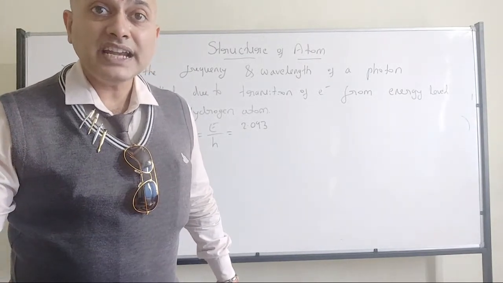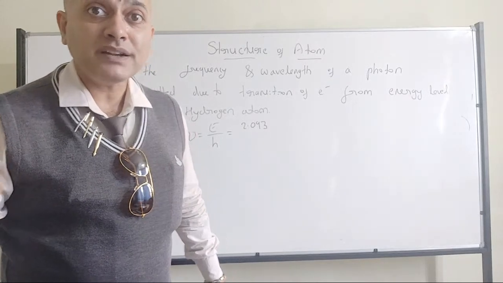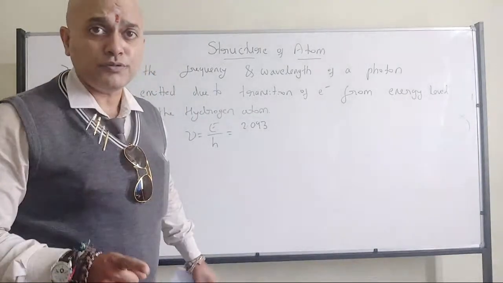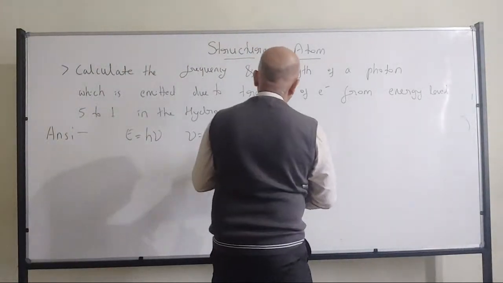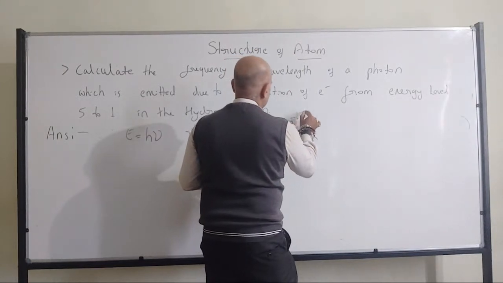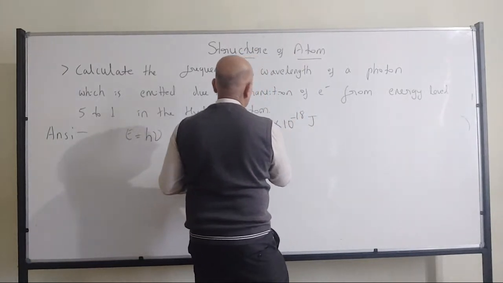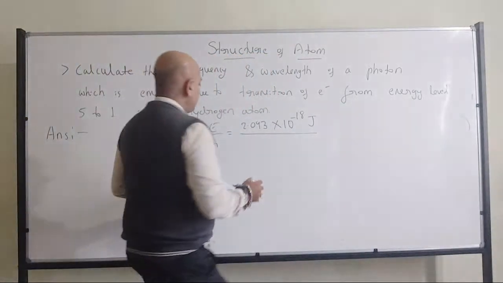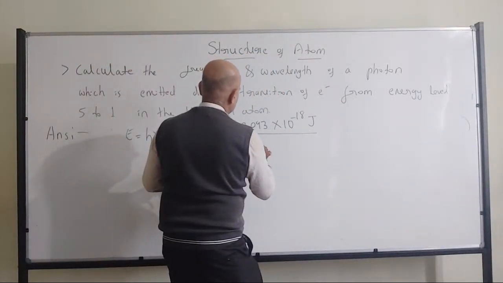If it is negative, it indicates emission spectrum. But for further calculation, don't take the negative value. So 2.093 into 10 to the power of minus 18 joule. So what is that H value, Planck's constant?